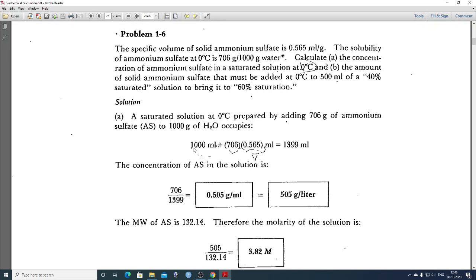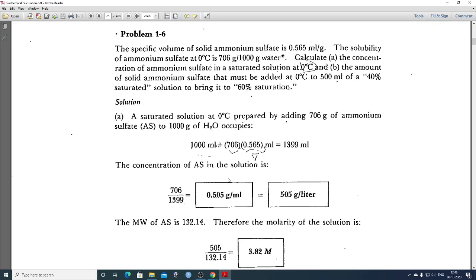So we multiply the 706 grams of ammonium sulfate added to 1000 grams of water by 0.565 ml. For water, the volume is already 1000 ml. So if you add 1000 ml plus this one, the total volume will be 1399 ml.